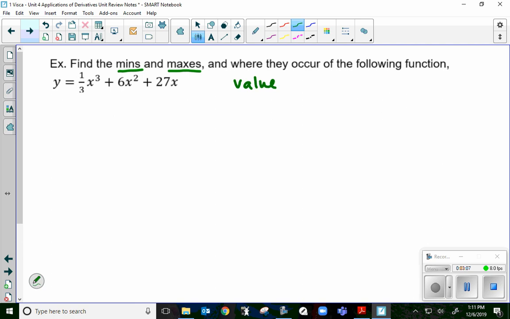If I want to know what the mins and maxes actually are, that's your y coordinate. If I want to know where they occur, that's your x coordinate.